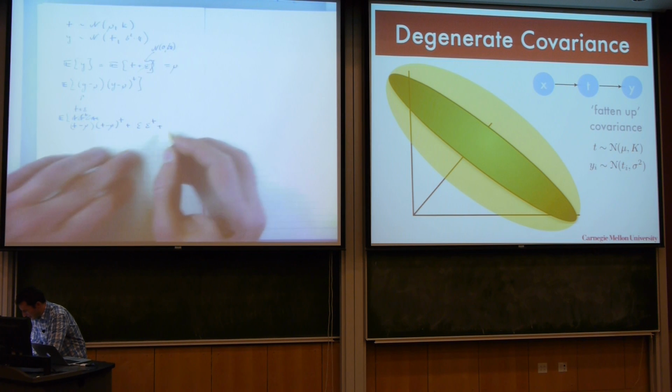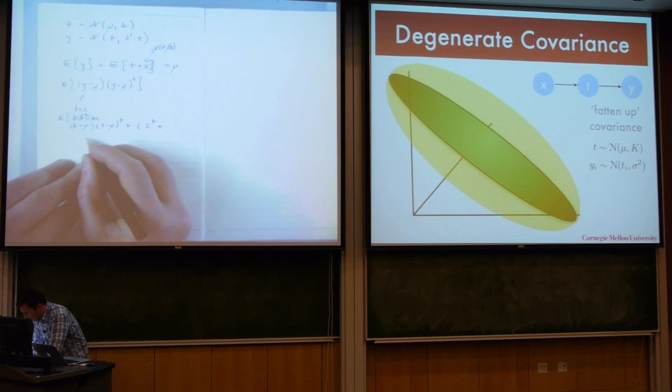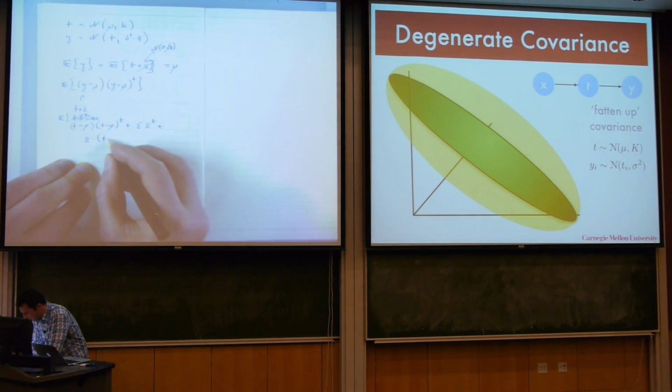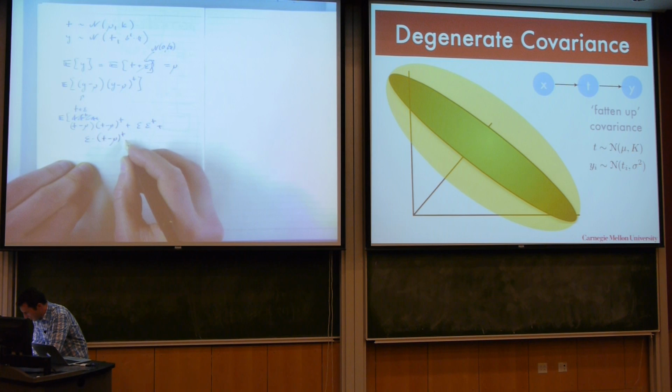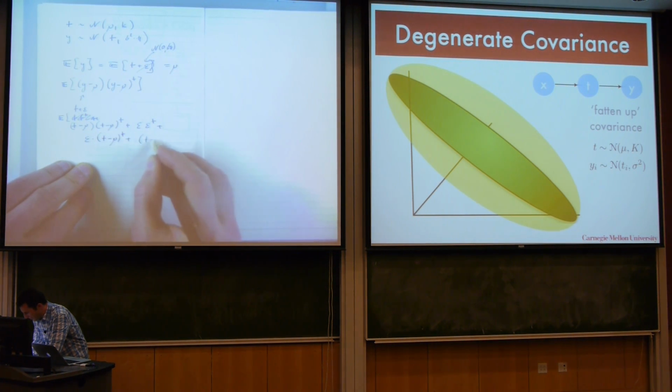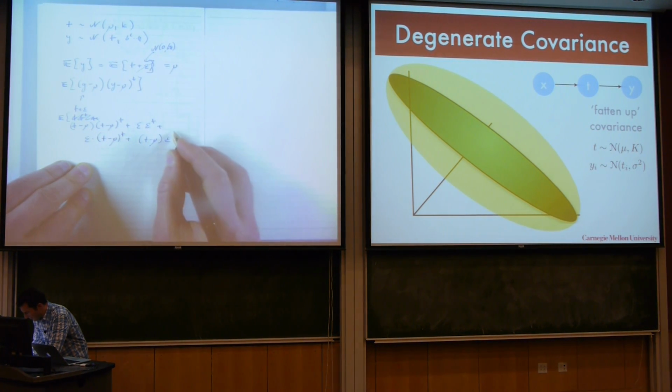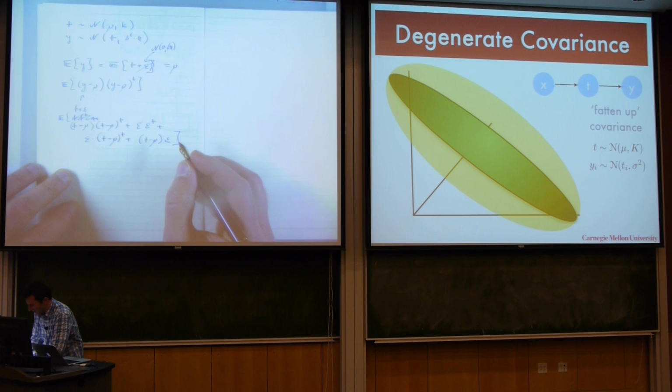We get epsilon times (t minus mu) transpose plus (t minus mu) epsilon transpose. Okay.